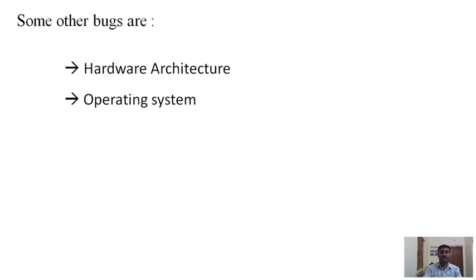Then operating system bugs: the bugs that exist in the operating systems come under operating system bugs. Then software architecture: when you are developing any software, if the architecture contains any errors or bugs, they come under software architecture bugs. So this is the concept of interface, integration and system bugs.